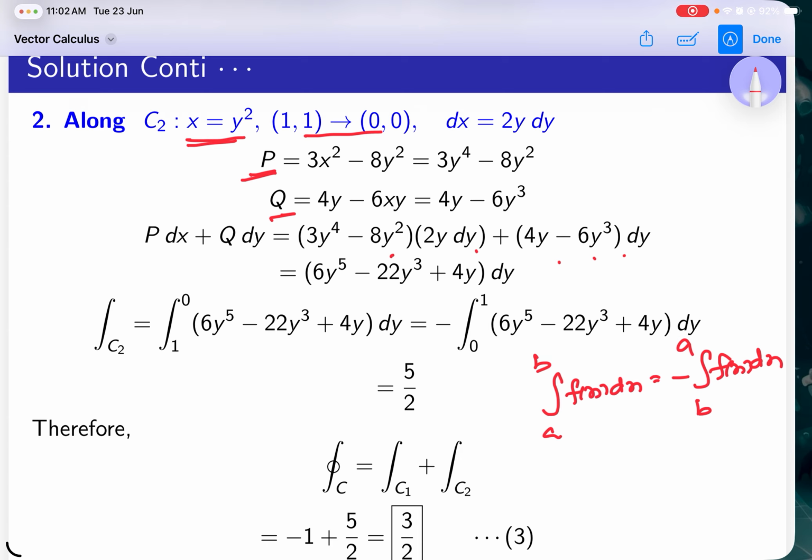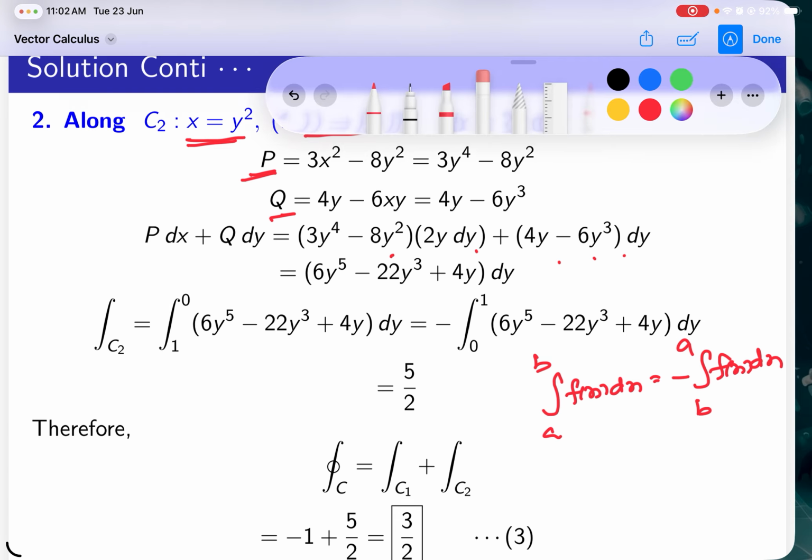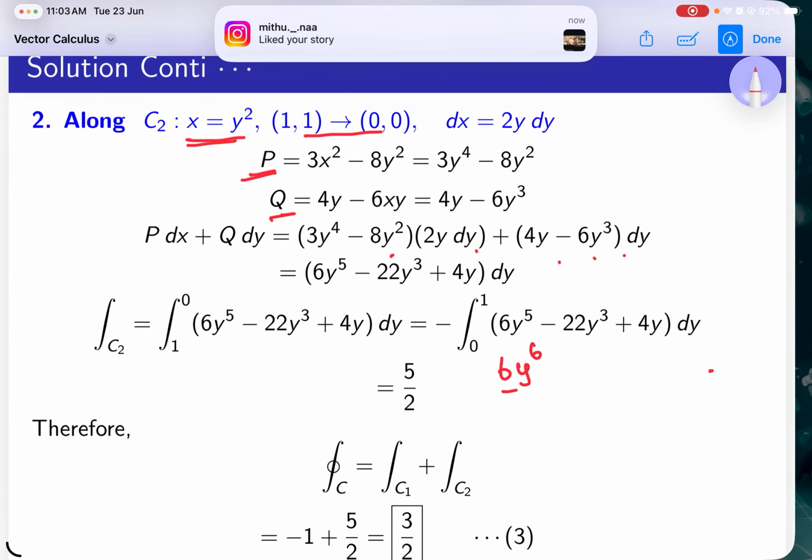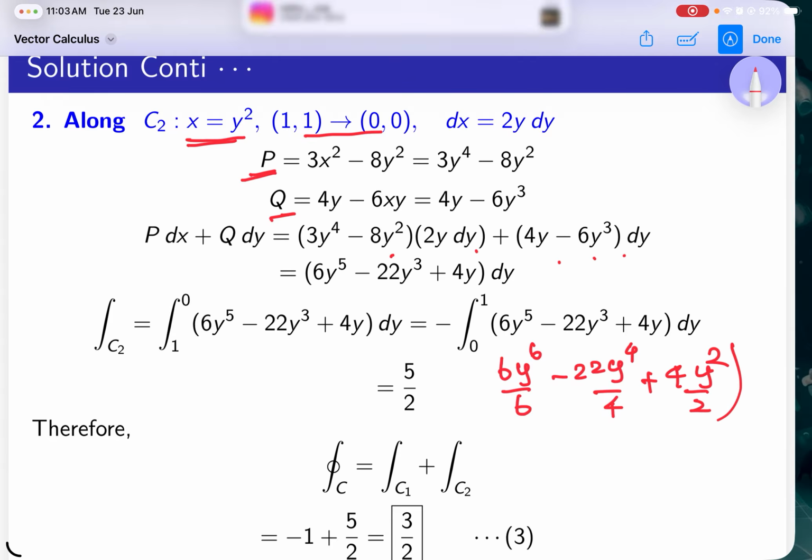After that, as usual, now you can manipulate this. So what is the integral of this? Integral of this is 6y^6 by 6 minus 20y^4 by 4 plus 4y^2 by 2, from 0 to 1. So minus is outside, you retain minus as it is.